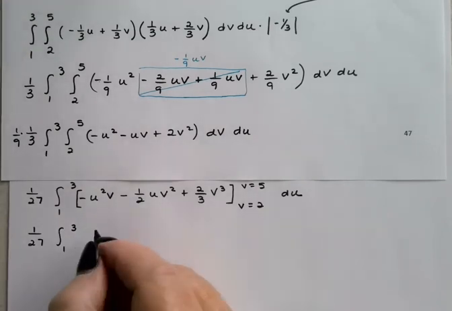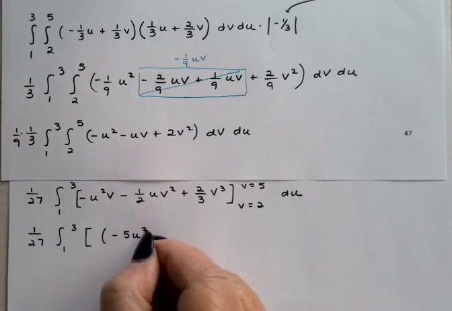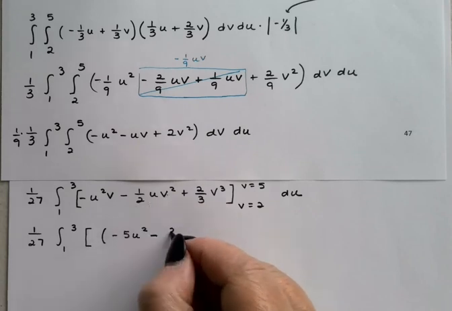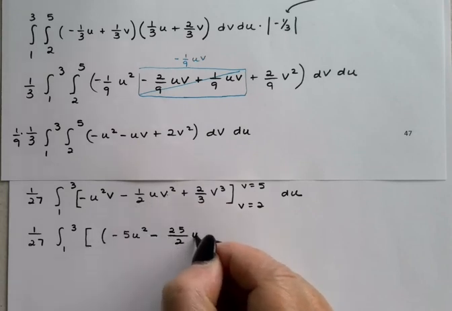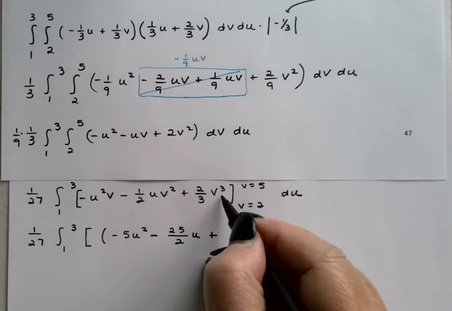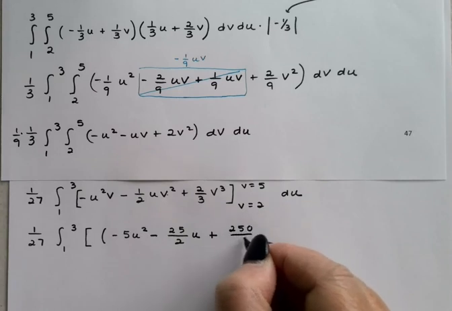So plugging in v equals 5, I'll have a negative 5u squared, minus 25 over 2 u, and then plus 125 times 2, which is 250 over 3.